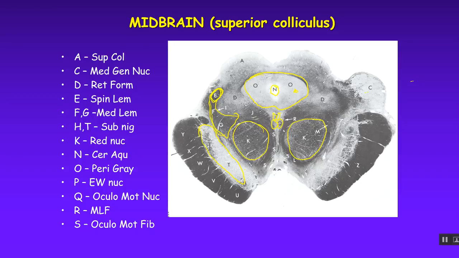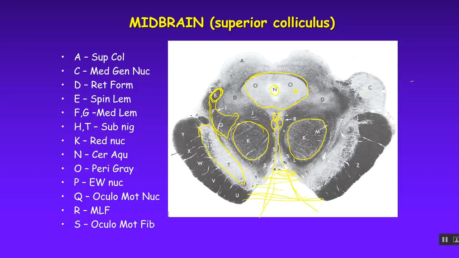So that's the one going to most of the muscles of the eye, except for the abducens, abduction of the eye, and the trochlear, which is the down and in, superior oblique. So this is to every other eye muscle. And then S is oculomotor nerve fibers come out right like that. This is that interpeduncular fossa region here where it comes out of the interpeduncular fossa.